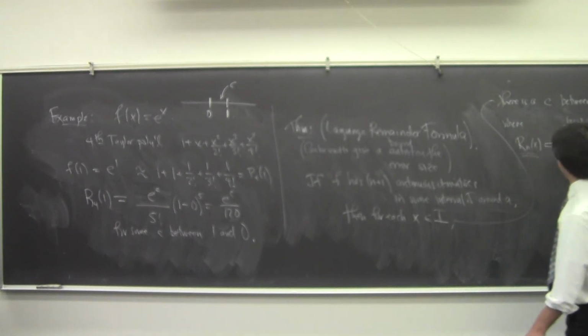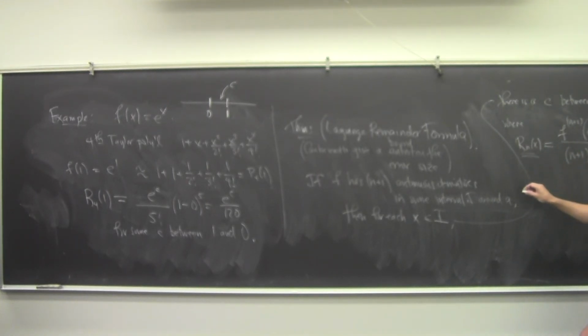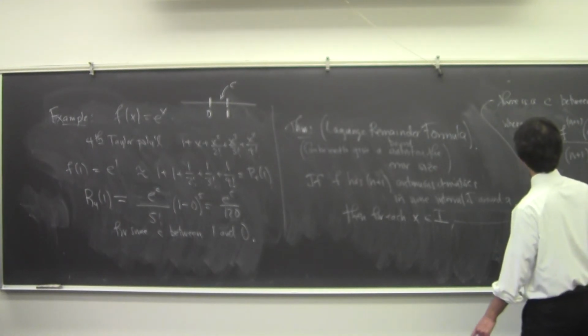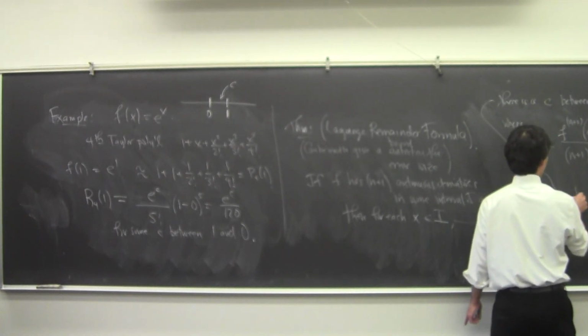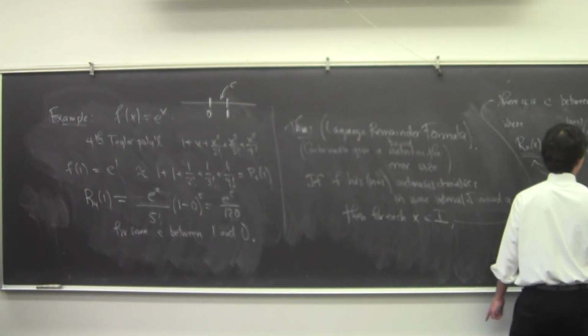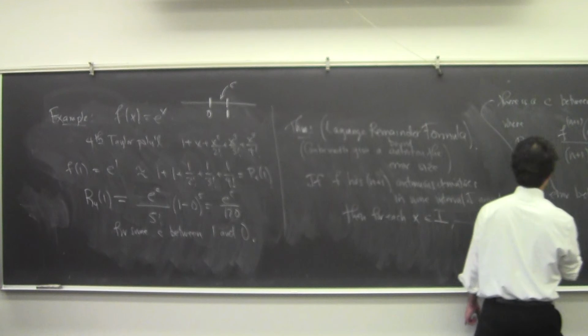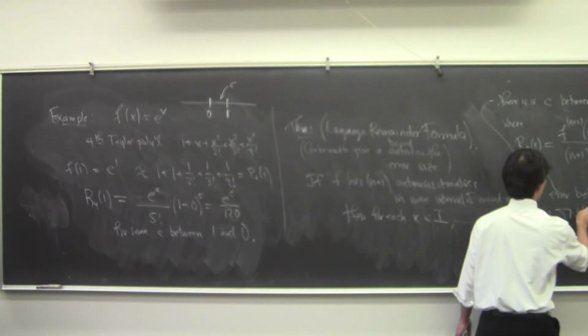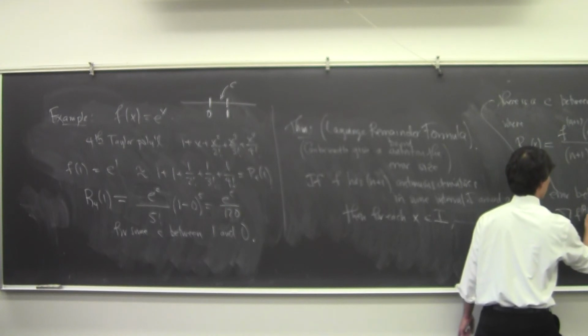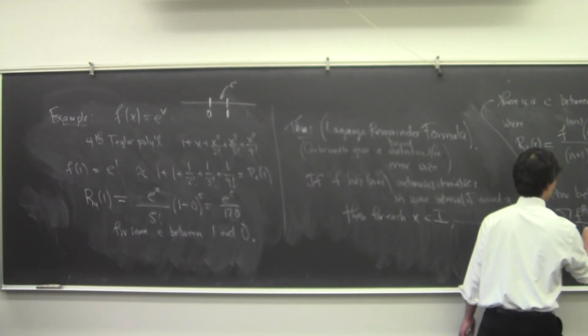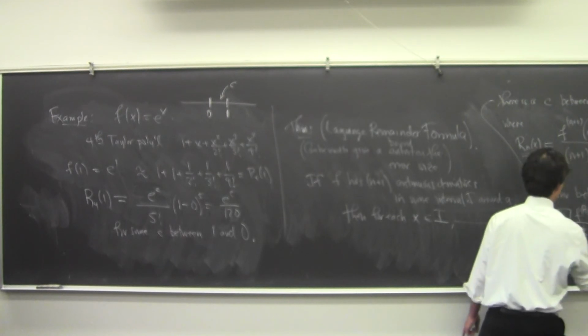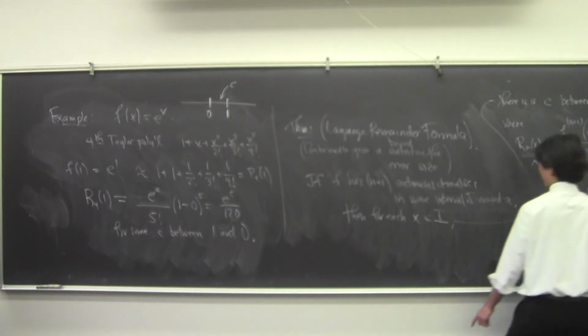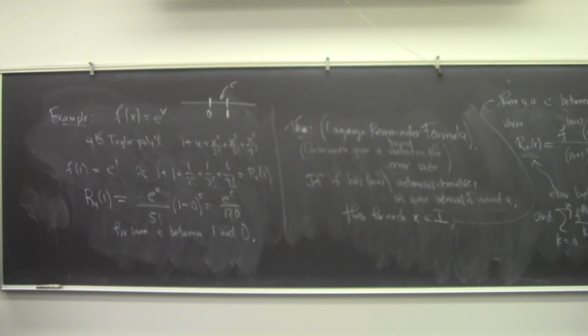You're taking your power series around a, so this is the error between f of x and your Taylor polynomial centered at a. Sorry, I should have said this. This is actually important, so please note this down.